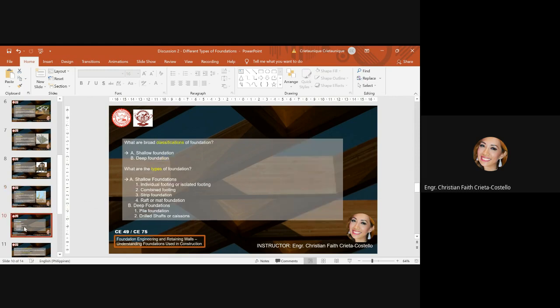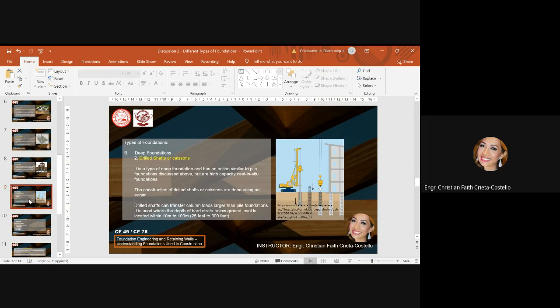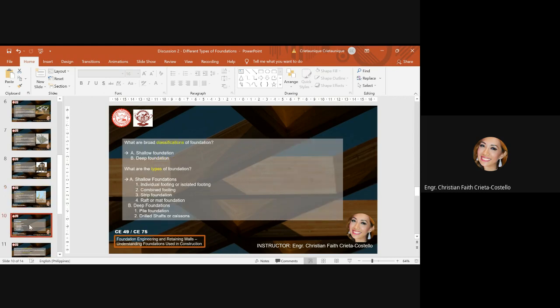Now, since we have covered the two classifications of foundation and the types under each classification, it's time for us to have a recap. What are the broad classifications of foundation? Basically, these are shallow foundation and deep foundation.